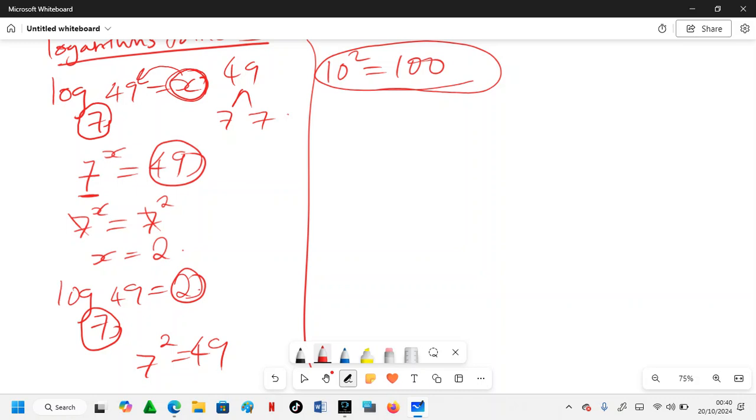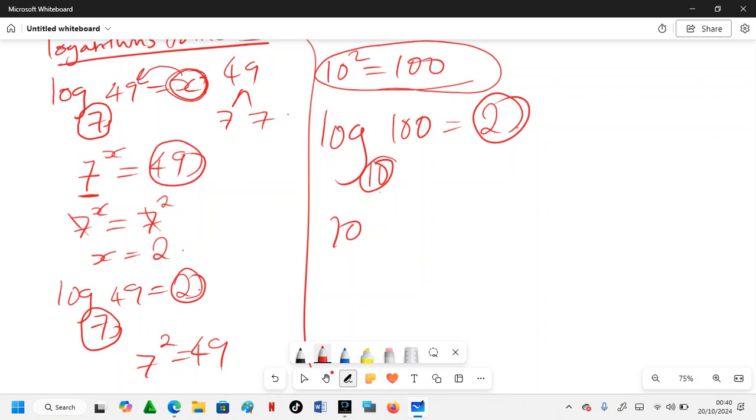So this one would have been the log to base 10 of 100 is equal to 2. Therefore, 10 to the power of 2 is equal to 100. So they're kind of the opposite of each other.